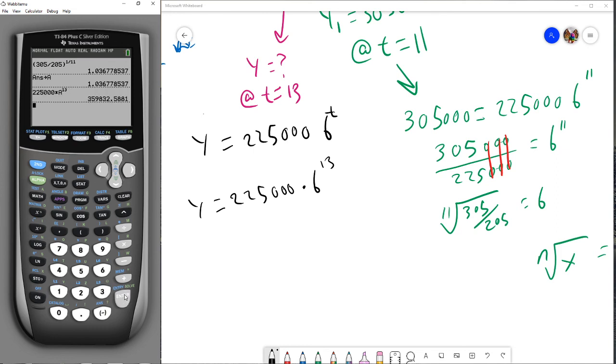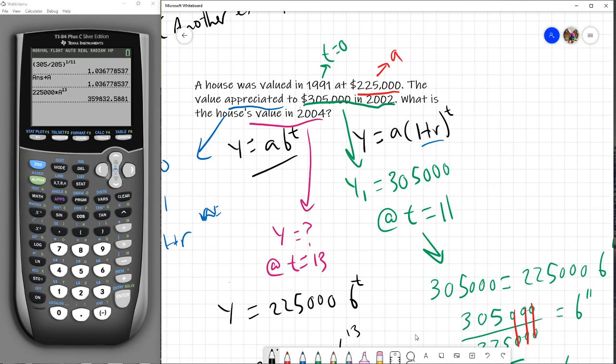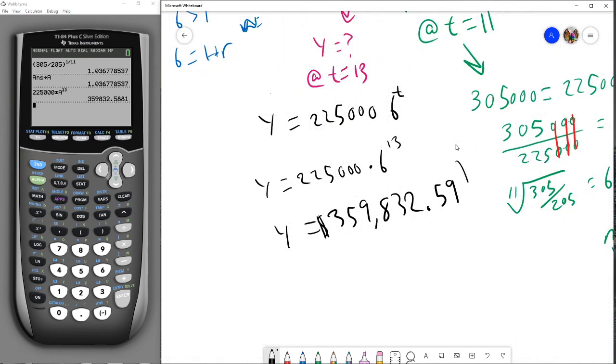And there is our answer. So y here would be approximately $359,832 and 59 cents. So that will be the value of the house in, what was it, 2004? Yep, 2004. Alright, there's our answer.